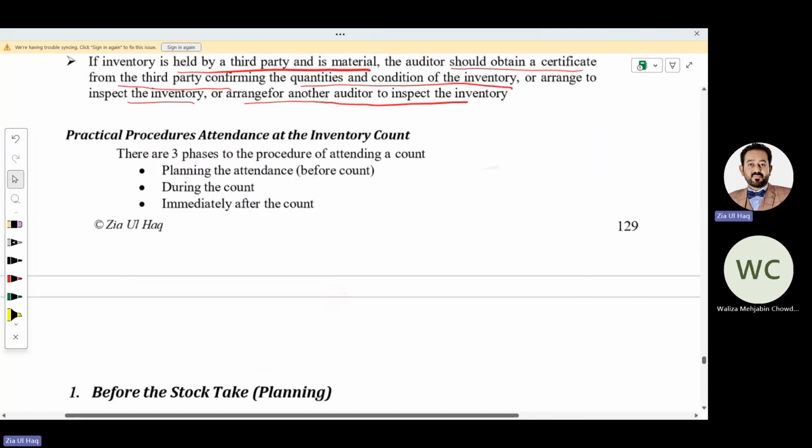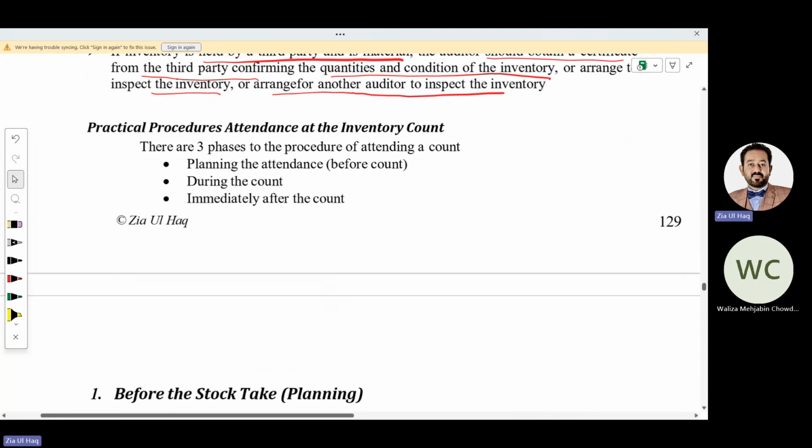So how can we verify physical quantity? To verify physical quantity, we need to perform some procedures in 3 different phases. We need to perform some procedures before the inventory count date, some during the inventory count, and some after the count.